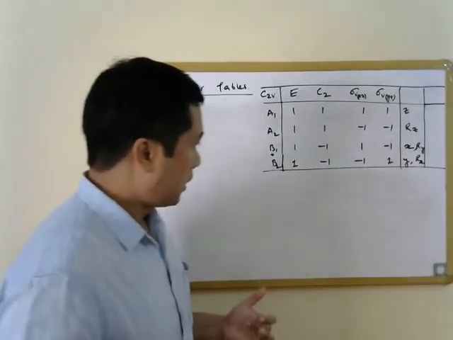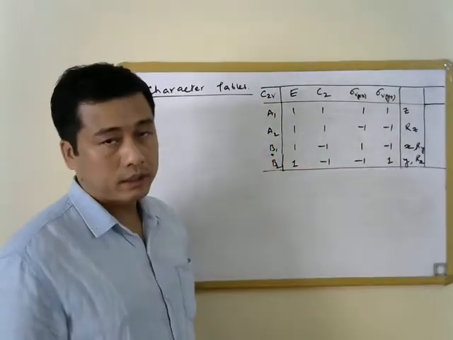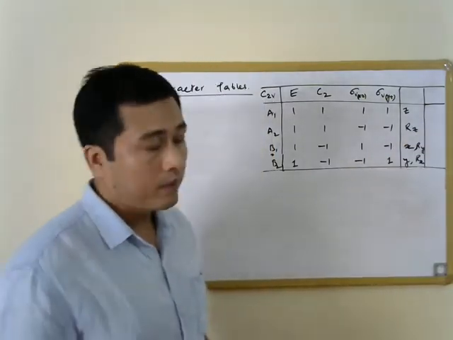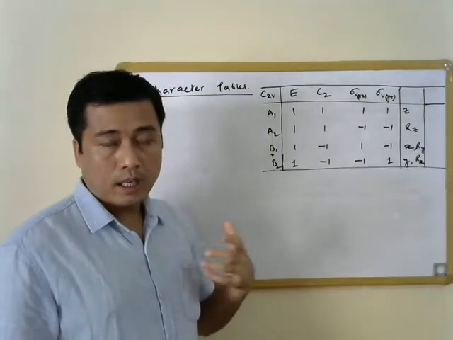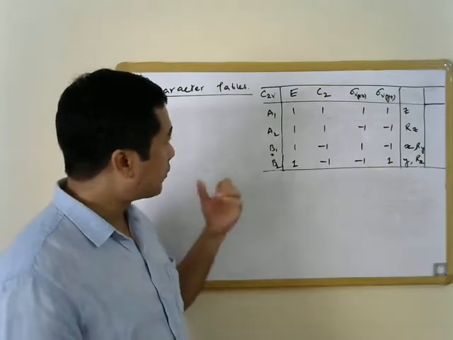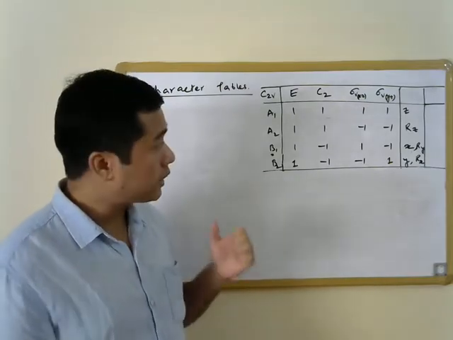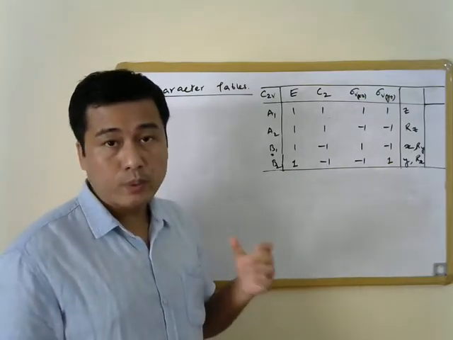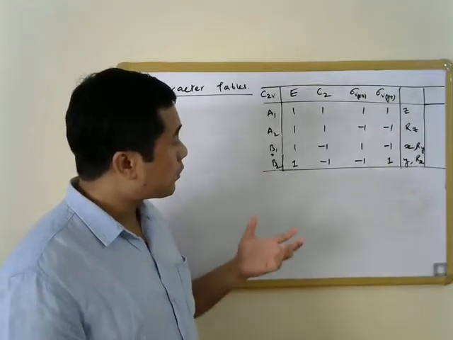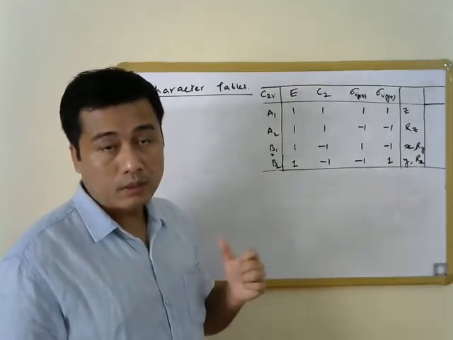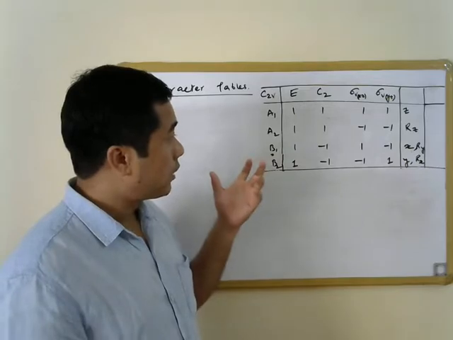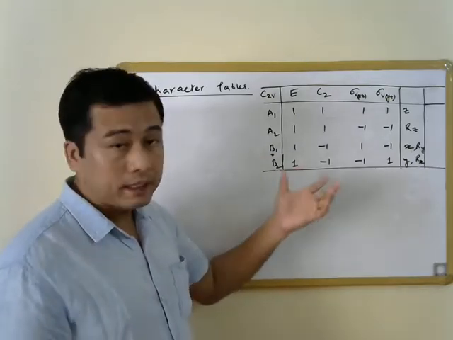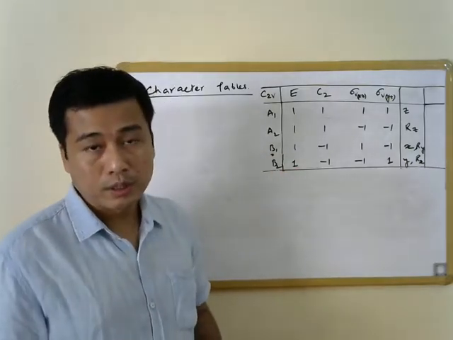Then, in the last section, one writes how the quadratic functions transform as different irreducible representations, and that is where we write x square, y square, z square, xy, xz, and yz, as well as x square minus y square, as the basis for a particular irreducible representation.